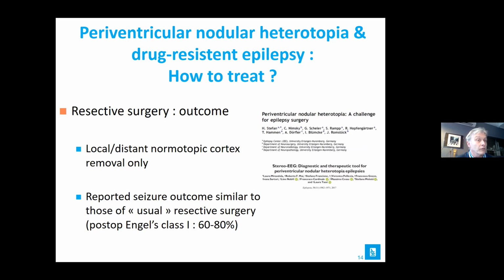Finally, the data from the literature are numerous, and it can be summarized by saying that the seizure outcome after such cortectomies is similar to what can be expected after any epilepsy surgery, namely a postoperative Engel class 1 can be expected in 60 to 80% of the cases. So this resective surgery has no particular specificity when compared to any resective surgery for drug-resistant epilepsy.